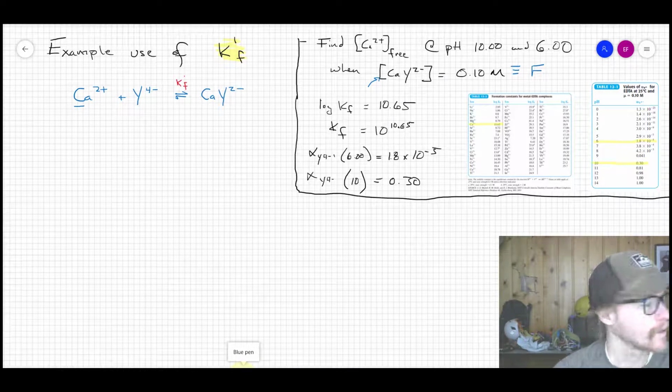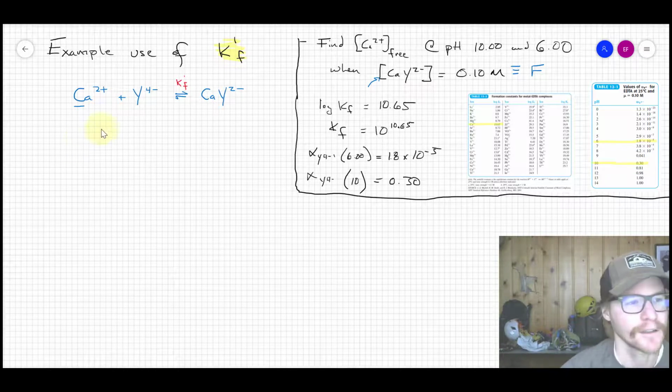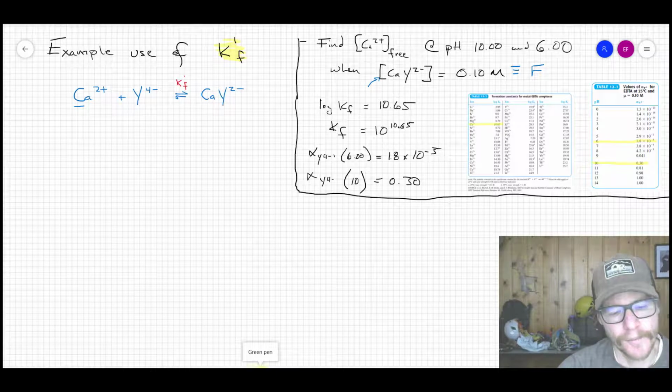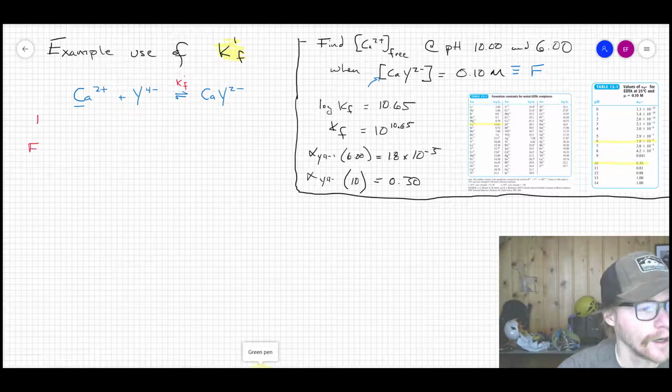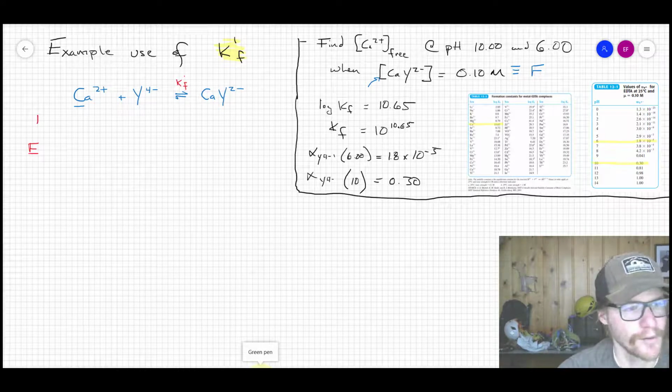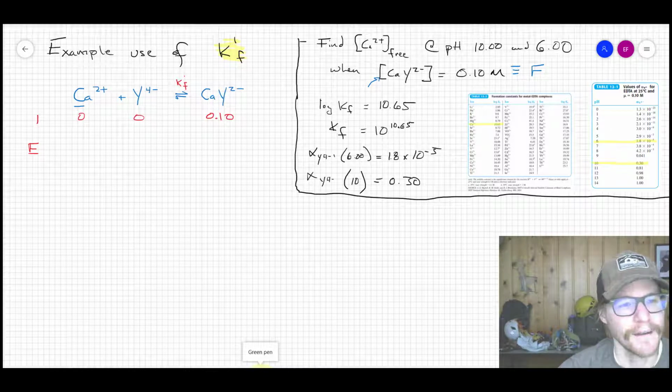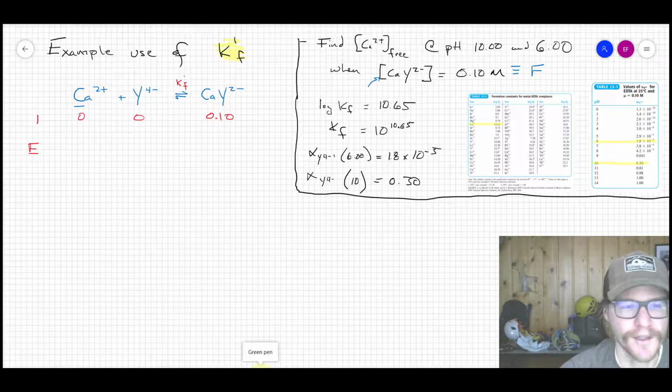And so we can write that up like we have it currently, but it's going to look a little backwards here. We can write up an ICE table here where the initial concentration of calcium and Y4- are essentially 0, and we have 0.1 molar of the complex, and this is going to dissociate slightly in this backward direction to produce some amount of these two things.